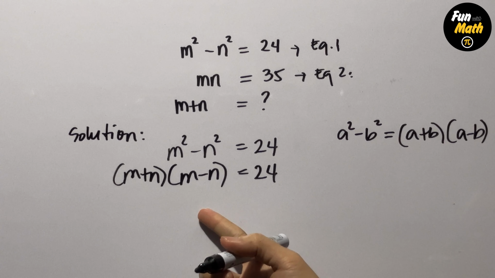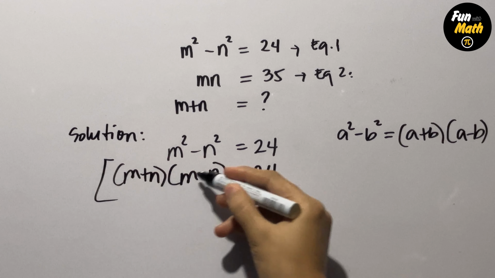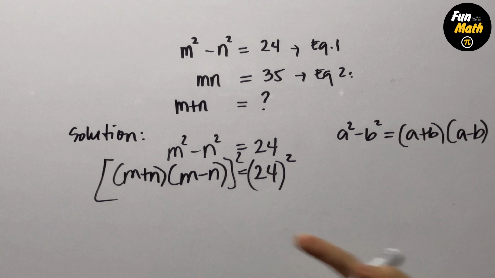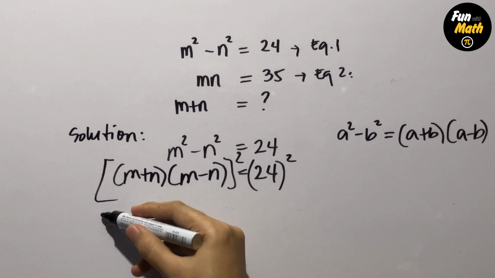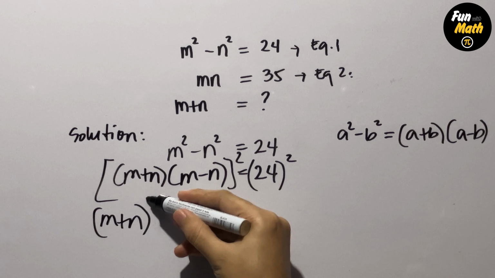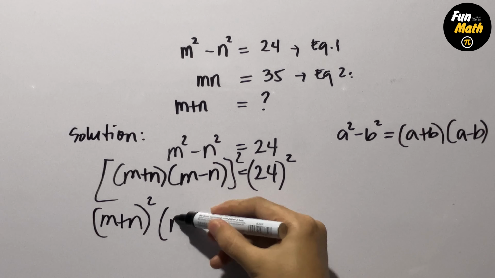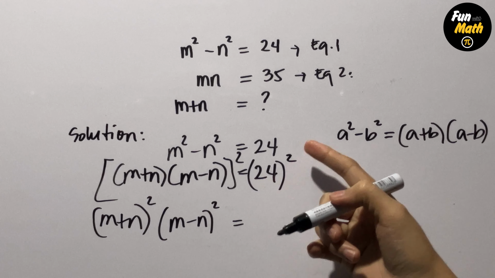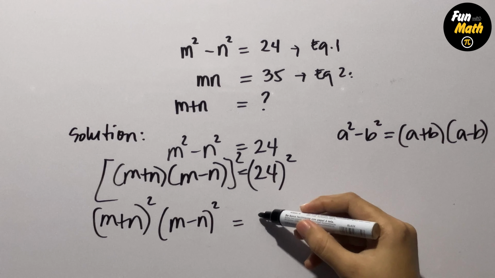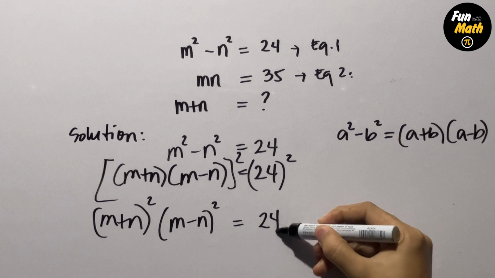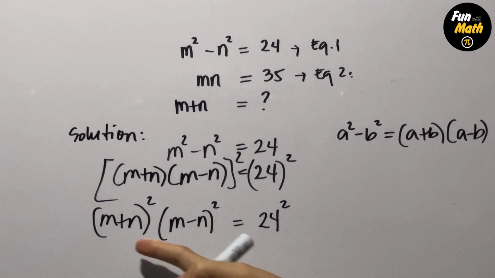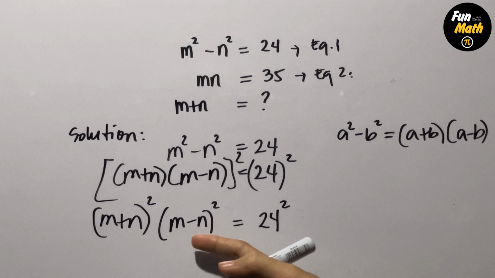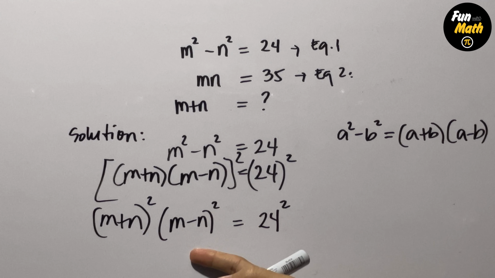Next, we can square both sides. So this is squared and this is squared. And then here we can put m plus n squared, and the other one is m minus n squared, equals 24 squared. We can write it as, without the parentheses, 24 squared. Now for these two, we have m plus n squared and m minus n squared. This is also an identity.